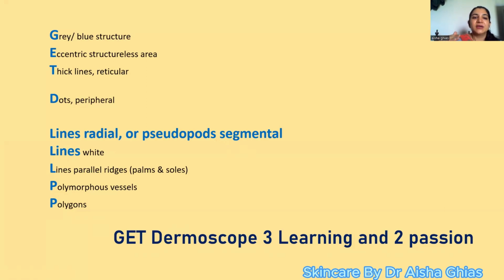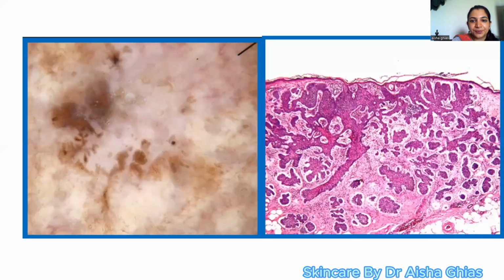And in BCC, when we see radial lines, they are usually converging towards the same line. I mean, they do have a source or they do converge somewhere. But in melanoma, they are not converging. They do not make any maple leaf-like pattern, which is pretty much there in BCCs. So let's see the radial lines.